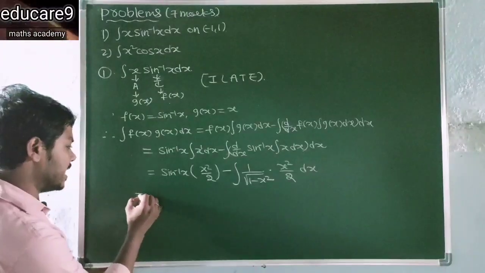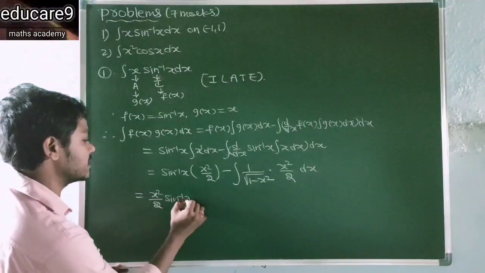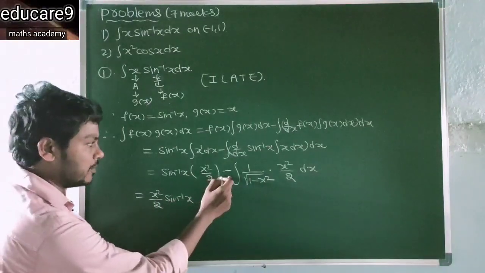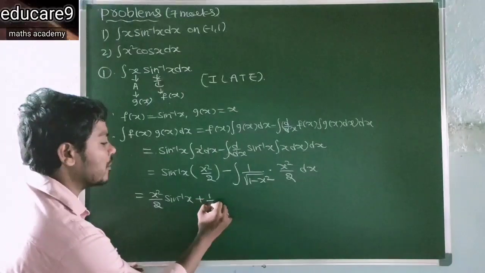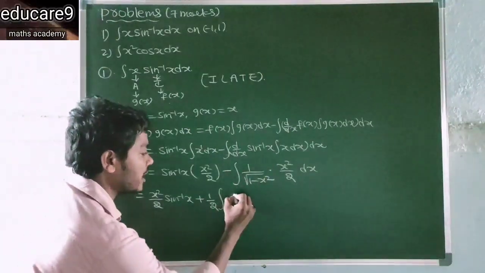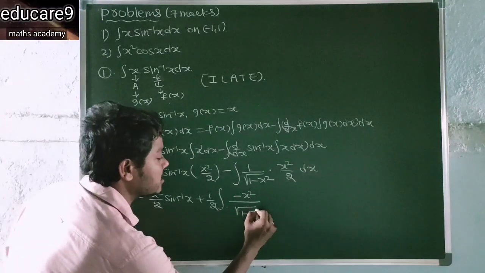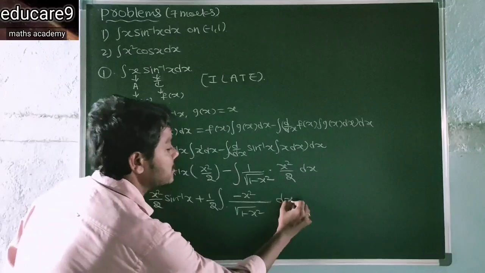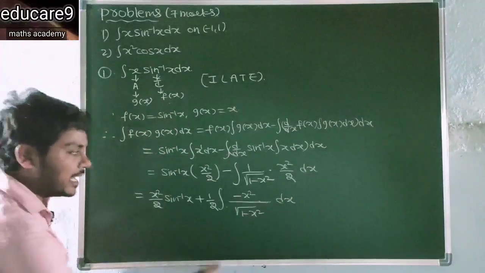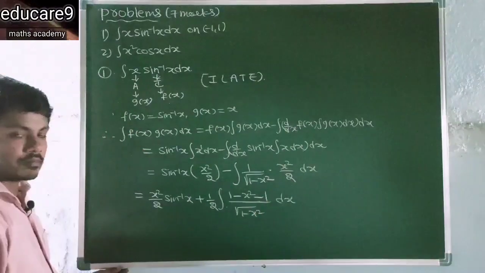So now this can be written as x square by 2 sin inverse x, plus 1 by 2 right outside of the integration, minus x square divided by under root of 1 minus x square dx. So clearly here add and subtract 1, that is plus 1 minus 1.